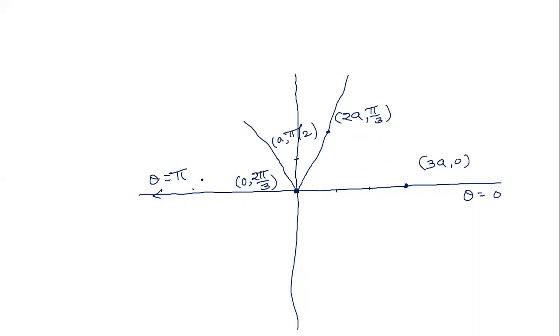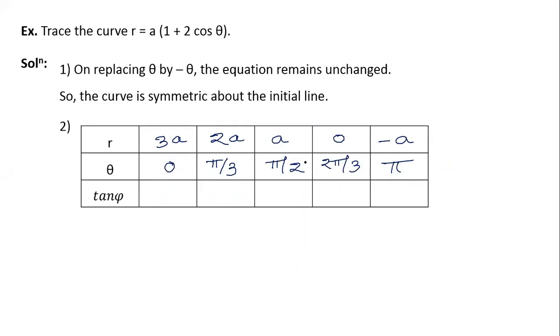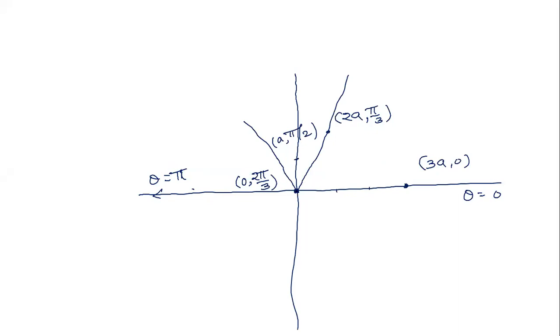If there would have been plus a, then it would have been in the same direction. But here corresponding to theta equal to pi, r is equal to minus a. So we have to move in the opposite direction, and this will be the point, r equal to minus a and theta equal to pi.